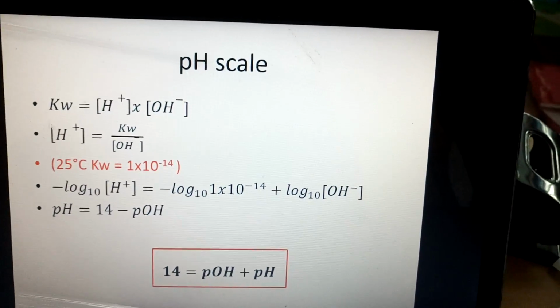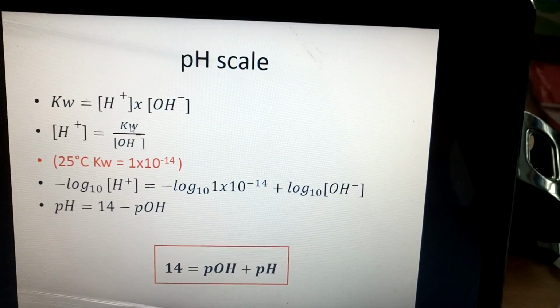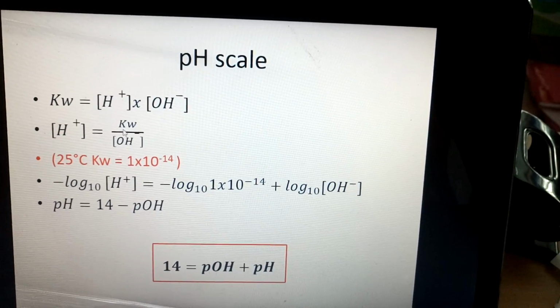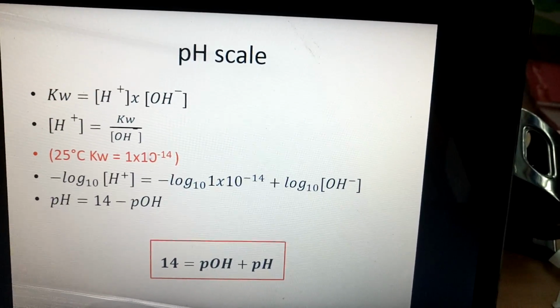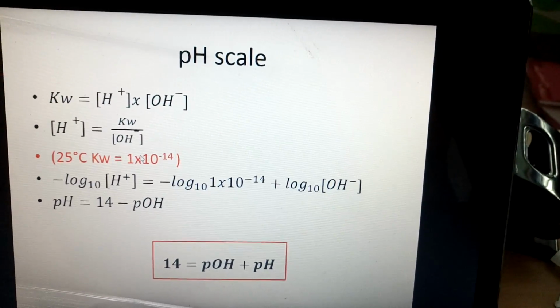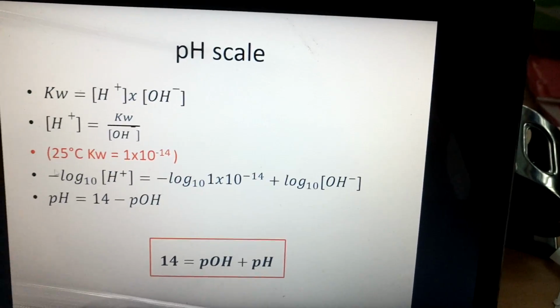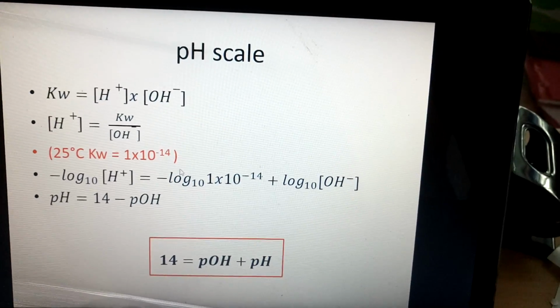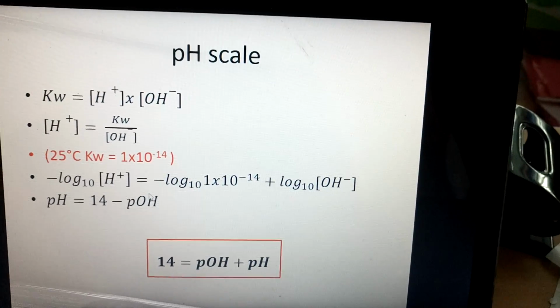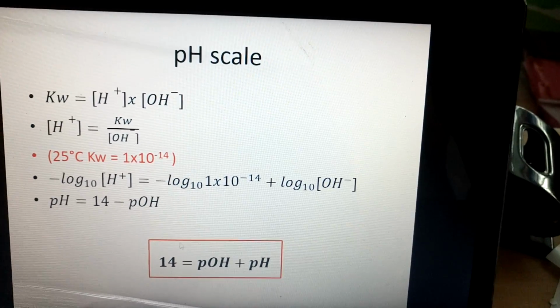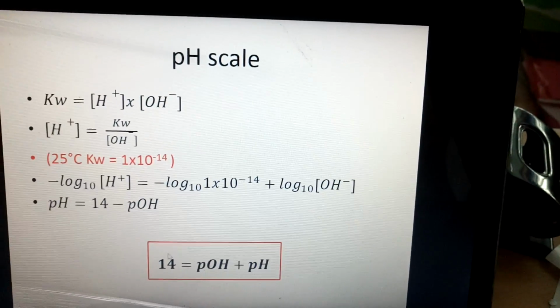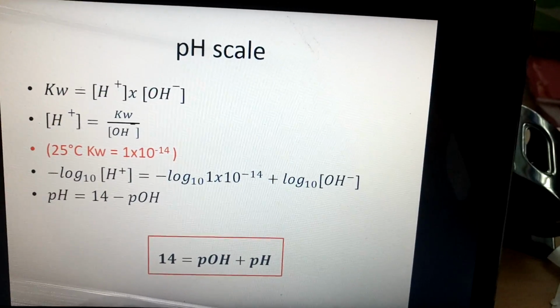Then we isolate the term of the concentration of protons. We have this ratio, and whenever we replace this term and take the minus log in base 10 of all the terms that we have here, we will get this proportion, that 14 is equal to the pOH plus the pH.